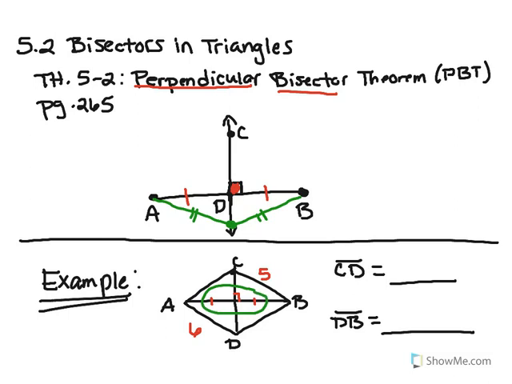I know that I have a perpendicular segment, CD, or AB, just depends on how you look at it, with two congruent pieces. That means this is a perpendicular bisector. So CD is bisecting AB. And that's very helpful because we want to know two things. I want to know the length of CA and DB over here. So let's use this theorem to help us do that.